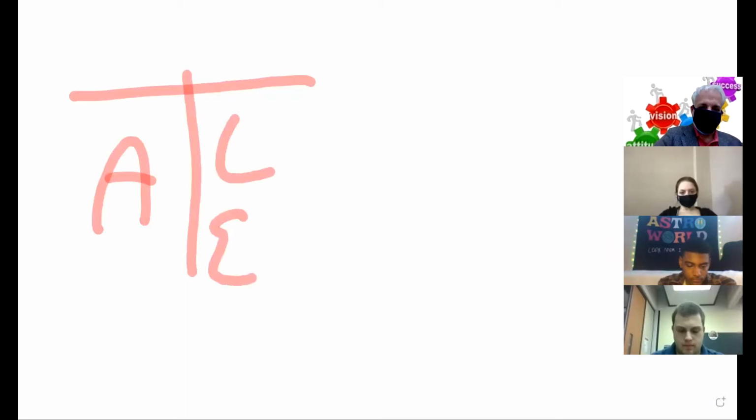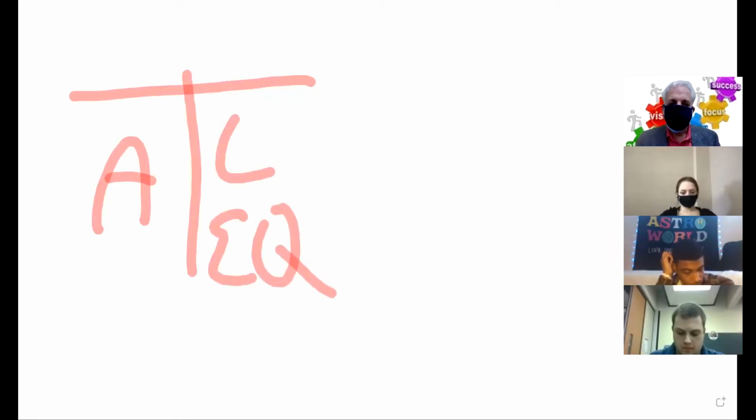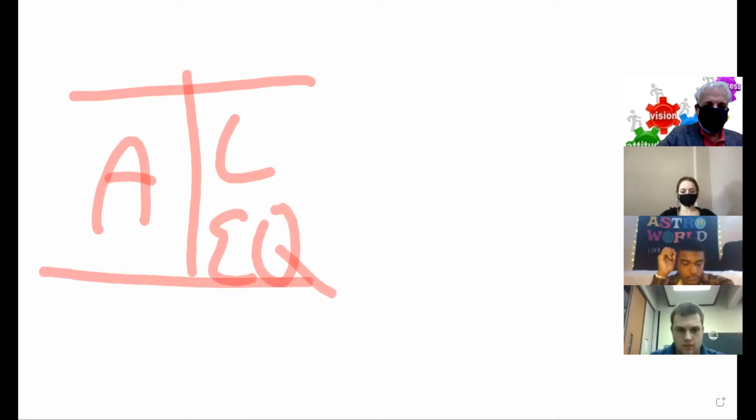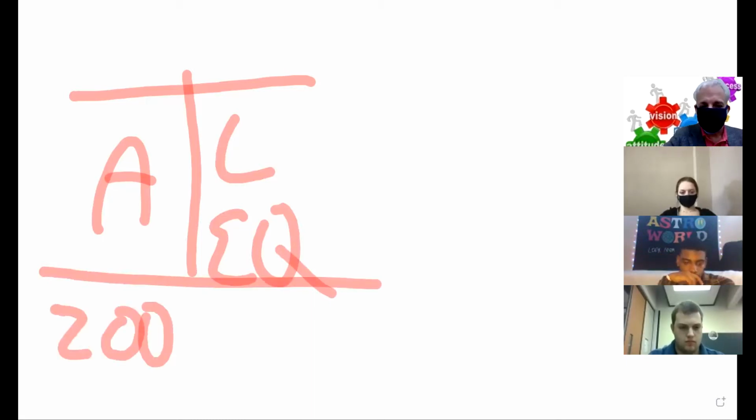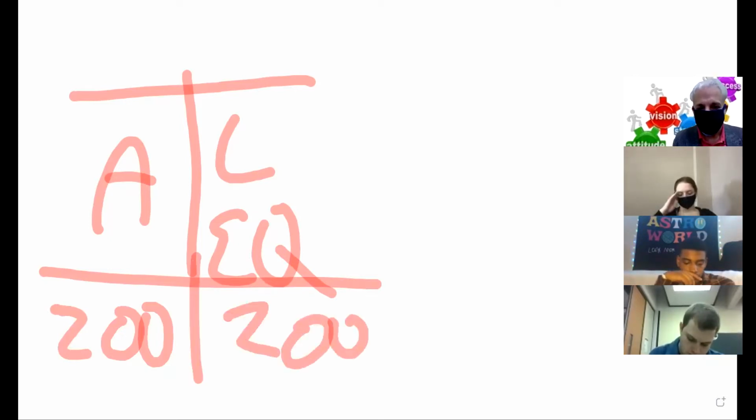Assets, liabilities, equity. I'm not going to worry about revenue expenses. Here's my balance sheet. I've got 200, it could be $200, $200,000, $200 million, I don't care. I got 200 in total assets, 200 in total liabilities and equity. I'm in balance. We're going to stay in balance.